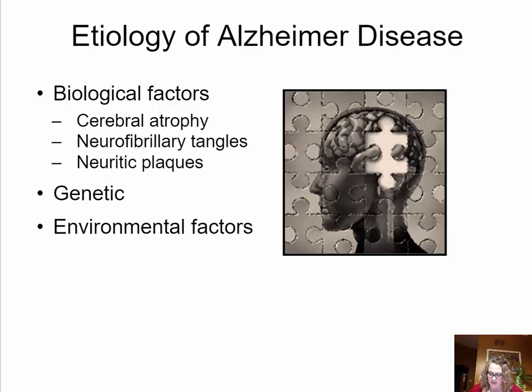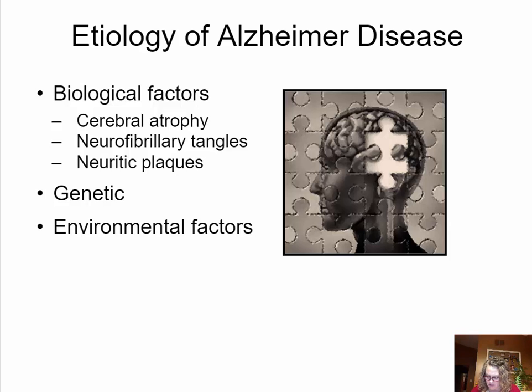Specifically in Alzheimer's disease, the patient will develop cerebral atrophy, which incidentally also happens in patients who do not have Alzheimer's disease, secondary to aging. But Alzheimer's disease patients also develop what are called neurofibrillary tangles. Those neurofibrillary tangles are damaged remains of microtubules that allow nutrients to flow through the neurons. Those tangles form in the hippocampus, which is responsible for recent memories.